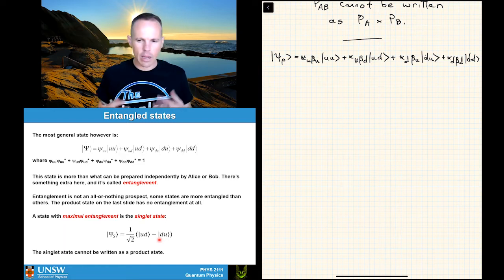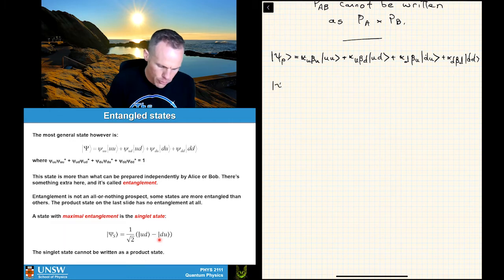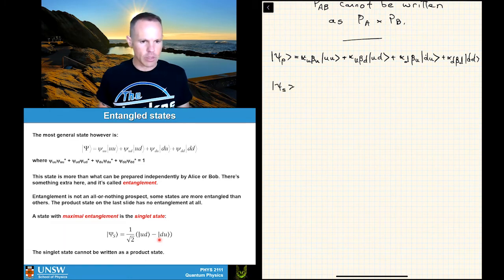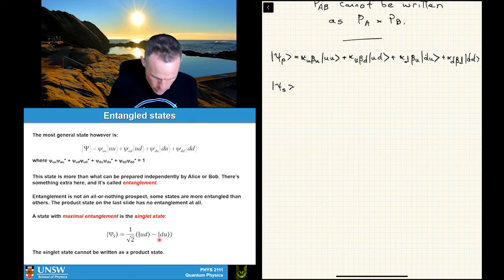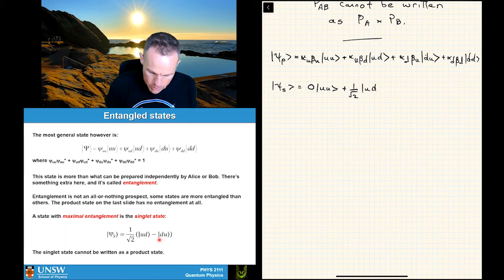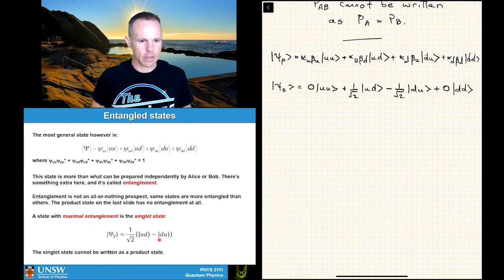And then we can take our singlet state and let's write it in a form that looks a bit more obviously like a product state. So the up in there would be 0. So this would be 0 up up, plus 1 over root 2 up down, minus 1 over root 2 down up, plus 0 down down, okay?